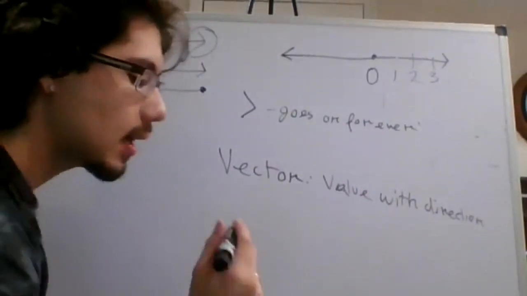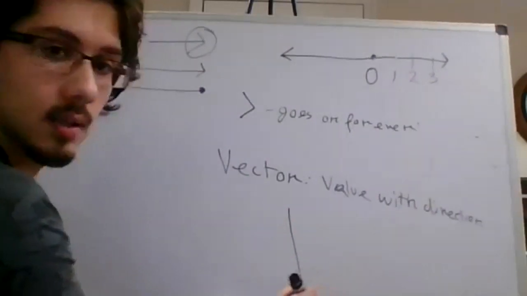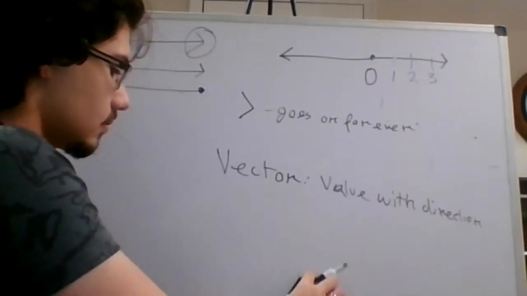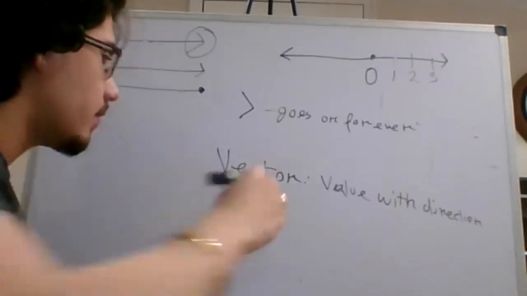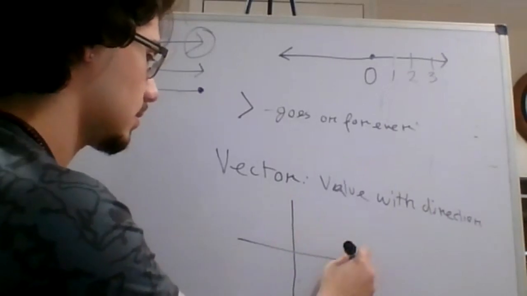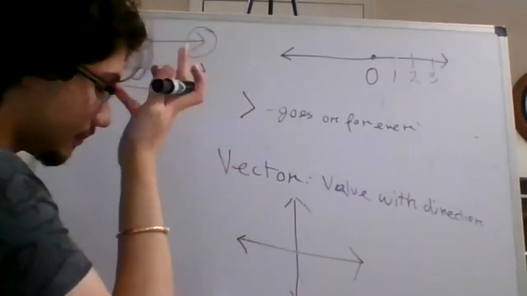The way we would apply this is, if you remember graphs, we draw arrows at the end of our graphs.